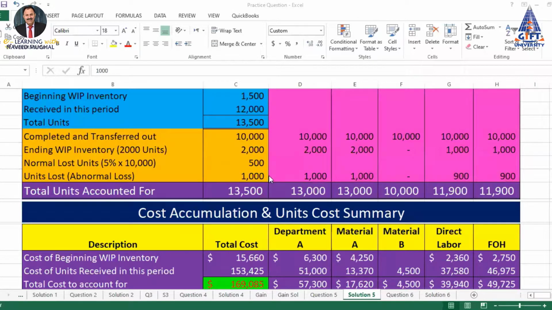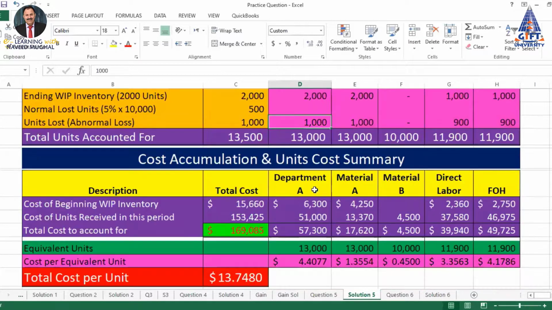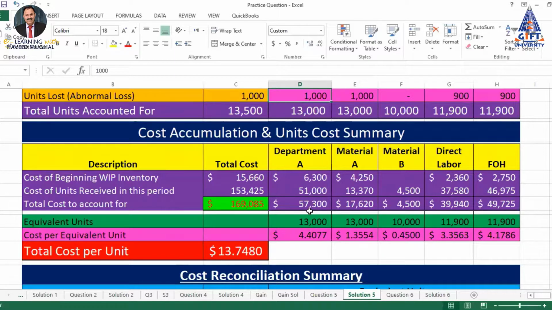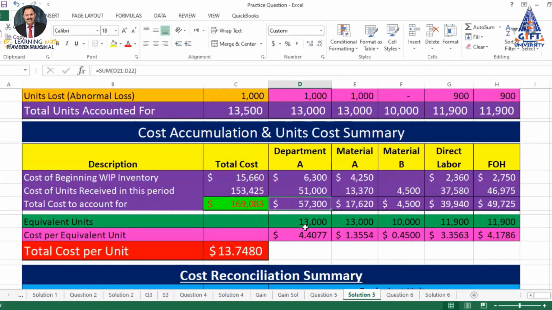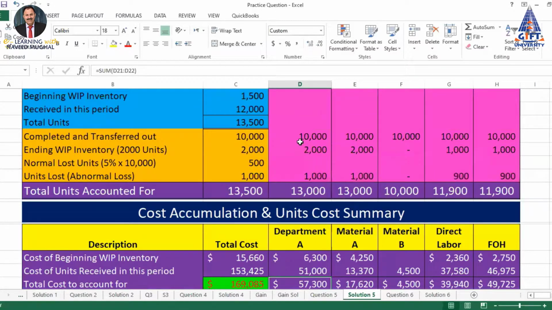If we add these 1,000 units which are abnormal loss into our calculation of equivalent units, it means that we are increasing the denominator of the calculation of per equivalent unit cost. It means we are dividing 57,300 cost among all these units which are good ones and which are lost ones.